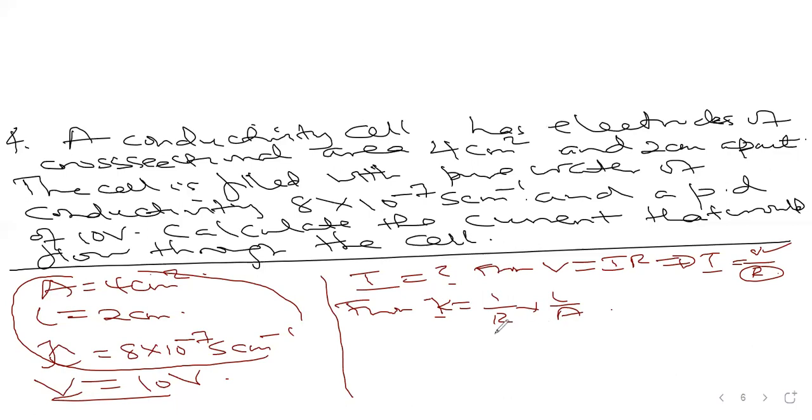How do you get resistance from this? From this you get resistance by saying that kappa R A is equal to L by multiplying this side. Meaning that R is equal to L over kappa A. Which implies that R will be L, which is 2, over kappa, which is 8 times 10 power negative 7, A is 4.